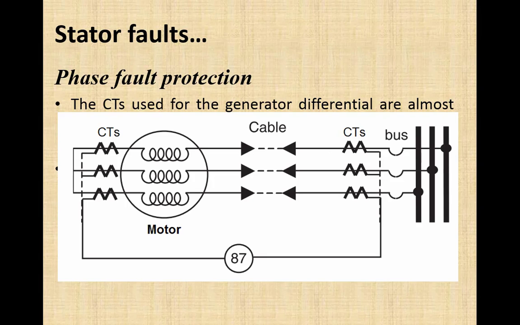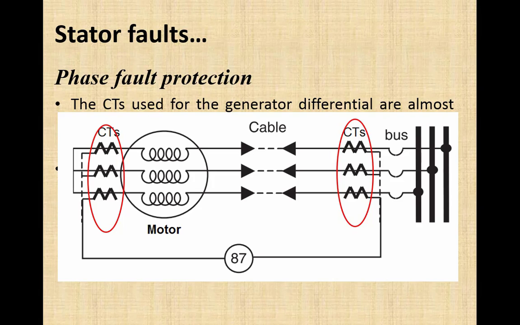Now we can see in this diagram, these are the three CTs which have been installed in the switchgear. So it is immediately after the circuit breaker, the low voltage circuit breaker. And then comes the cable which will bring the power from that bus to the motor, and the other three CTs are installed in the neutral circuit. So what is the difference between the use of differential protection for motor and generator?